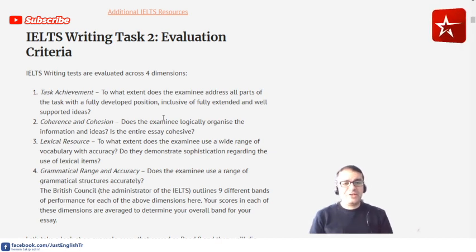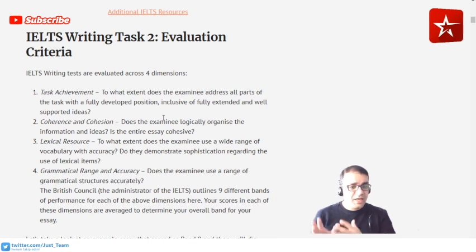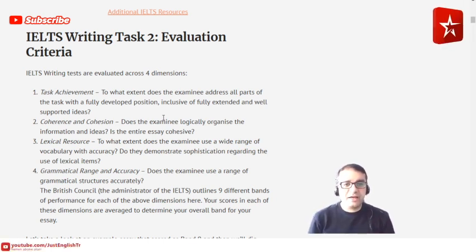First of all, my dear friends, in writing techniques, as we see here in the four dimensions of Writing Task 2, first you have to understand the achievement and the coherence of the idea.